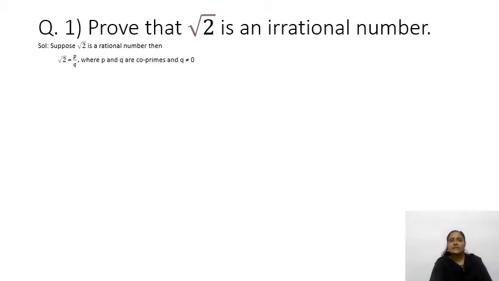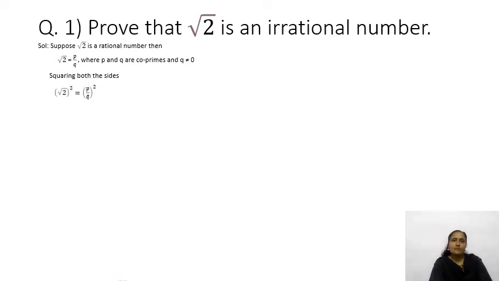So it can be expressed in the form of p by q, where the important condition is p and q are co-primes. You have to write down this condition. So root 2 is equal to p by q, where p and q are co-primes and q is not equal to 0. The next step is squaring both the sides.